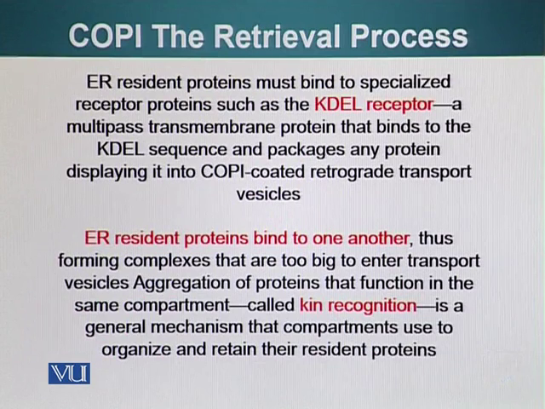ER resident proteins bind to specialized receptors such as the KDEL receptor, a multi-pass membrane protein that binds the KDEL sequence and packages any proteins displaying that sequence into COP1 coated vesicles for retrograde transport. ER resident proteins can also bind each other and form larger, more complex structures which cannot be enclosed in a vesicle. So this is one way these proteins avoid being captured into a vesicle. This is referred to as kin recognition.